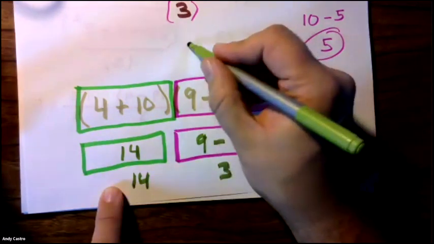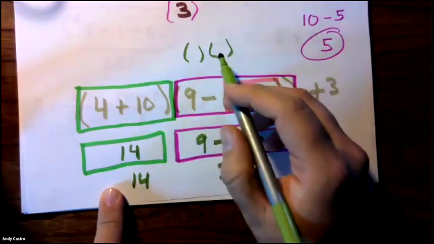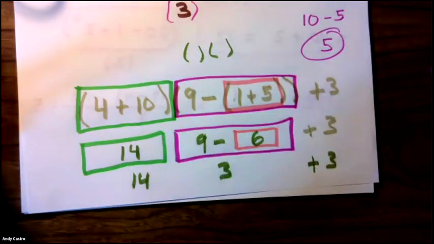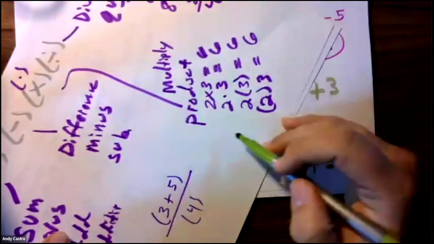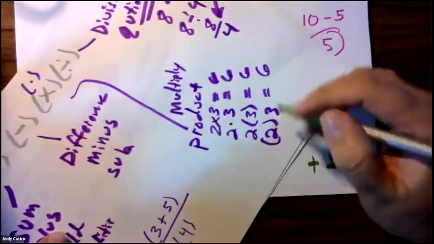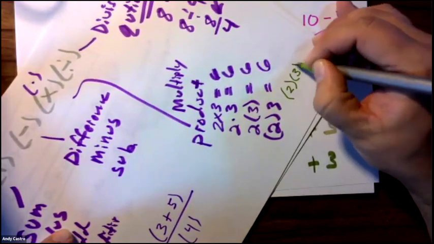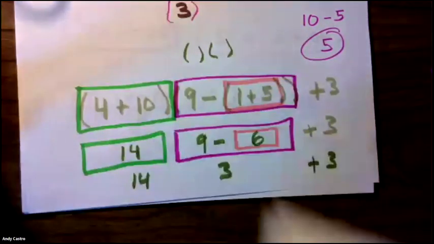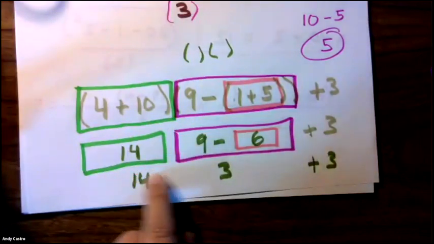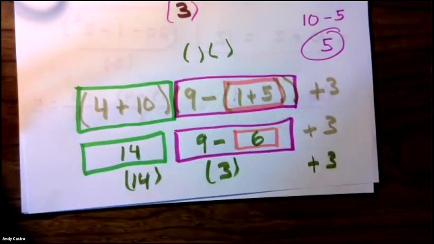But anytime you have parentheses next to parentheses, if we remember back what we talked about earlier, anytime you have parentheses next to each other, which I didn't make that one here, did I? But a 2 times a 3, that's multiplication. So we're dealing with multiplication. So 14 times 3 plus 3, right?